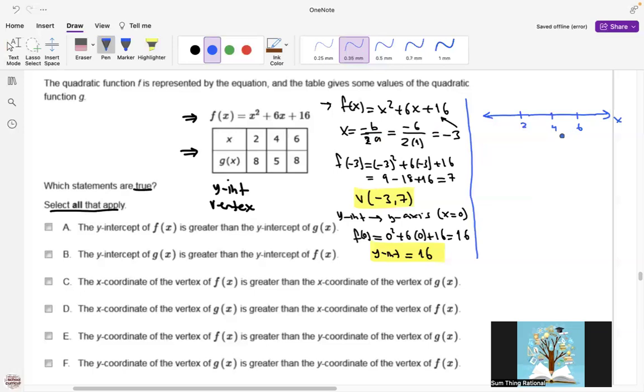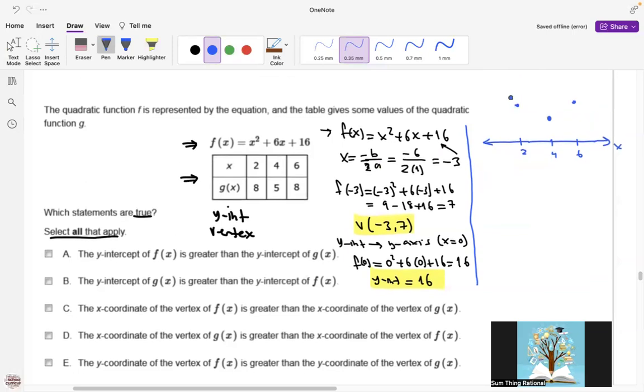When x is 2, g of x is 8, somewhere here, let's assume that. When x is 4, it is a little bit lower, around 5. When x is 6, the y value gets back to its original place. So we will have such a function, going down and coming back.